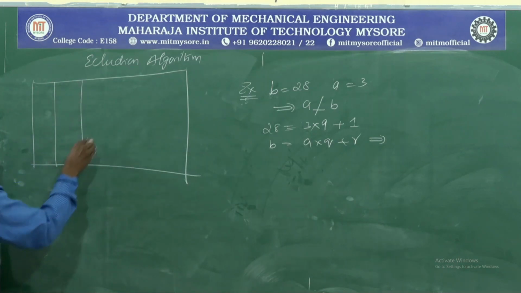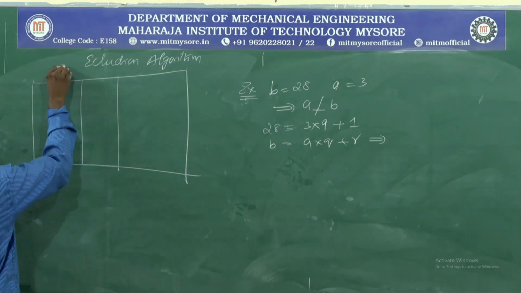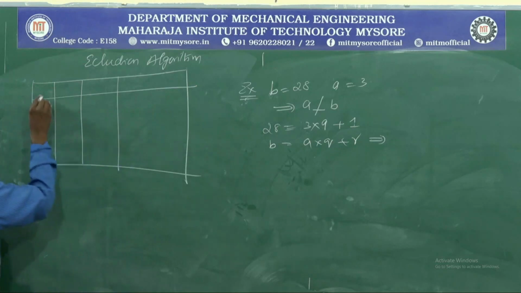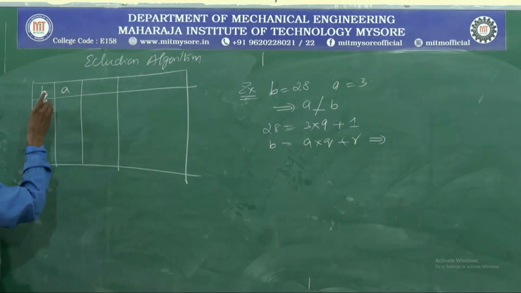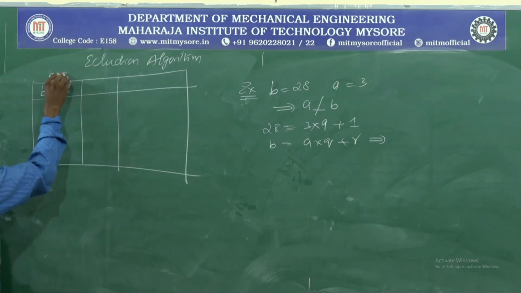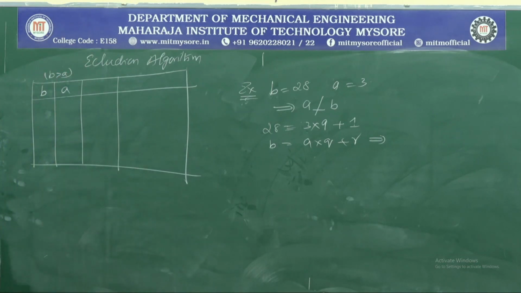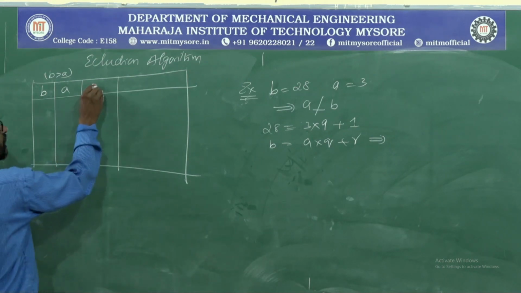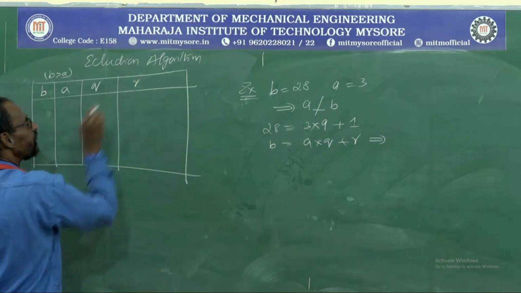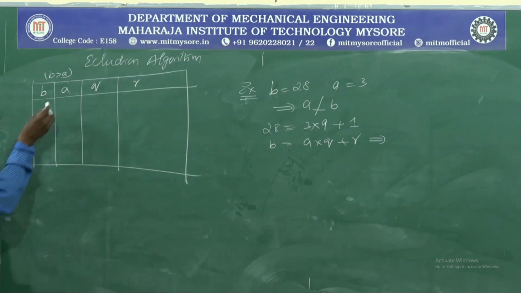Now what is the procedure? This is B, this is A, and B should always be greater than A, as the starting point. Take the bigger one, call it B, the smaller one, call it A, and get the quotient and the remainder. Now what am I supposed to do?